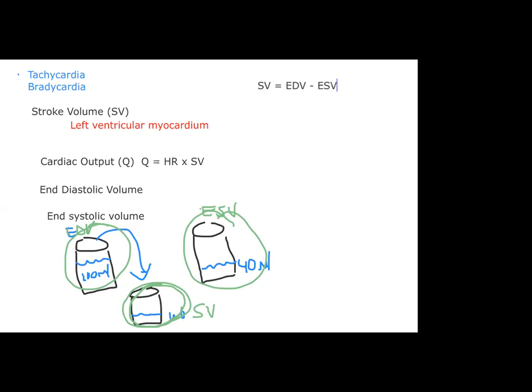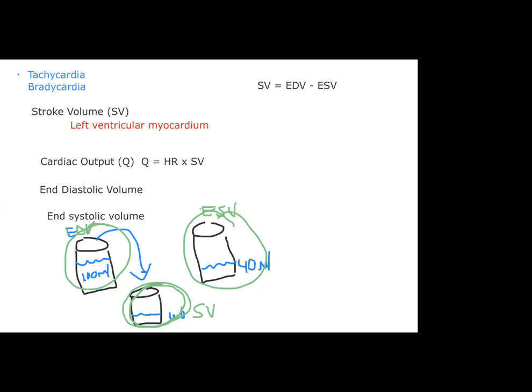It's never going to go backwards. Also, that would mean end systolic volume would be higher than end diastolic volume, which is not possible. If I have 100 milliliters of water in my glass, I can't pour out 120 milliliters, right? I can only pour out up to the amount that I have in there. So we could never get that to be negative.